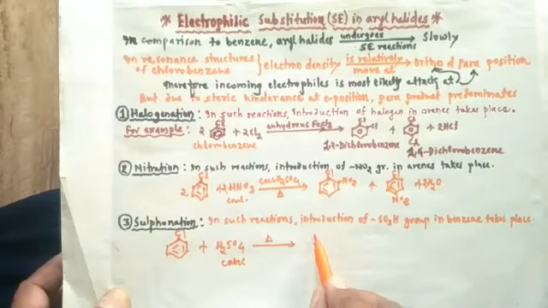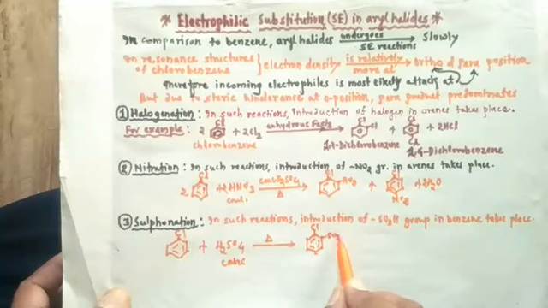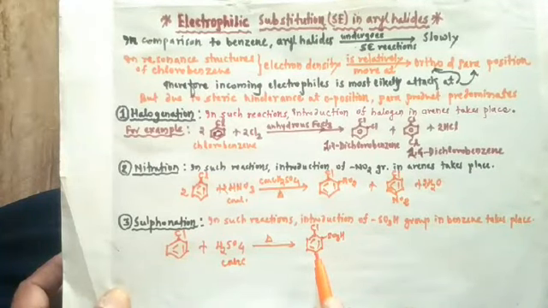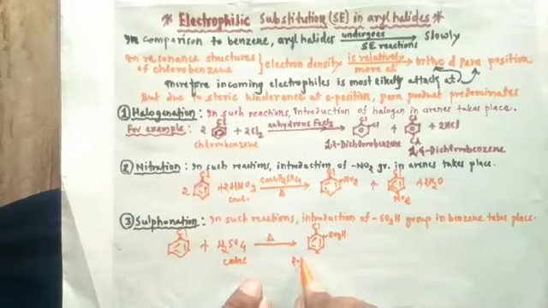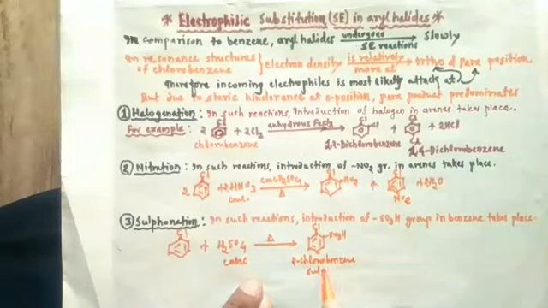So the first product is this product. This is ortho-chlorobenzene sulfonic acid, or its other name is 2-chlorobenzene sulfonic acid.